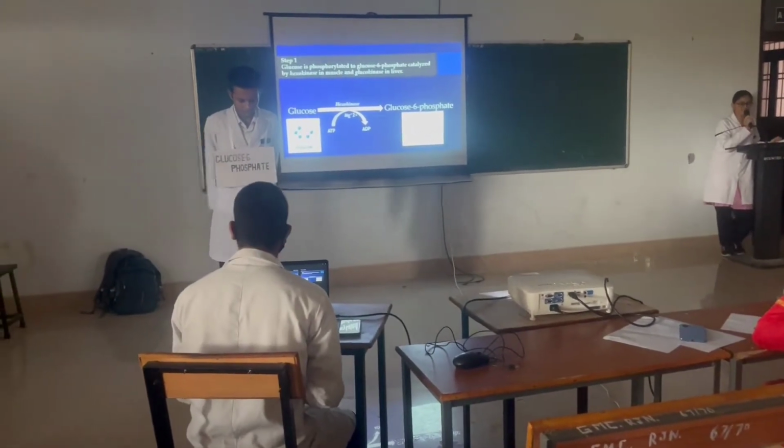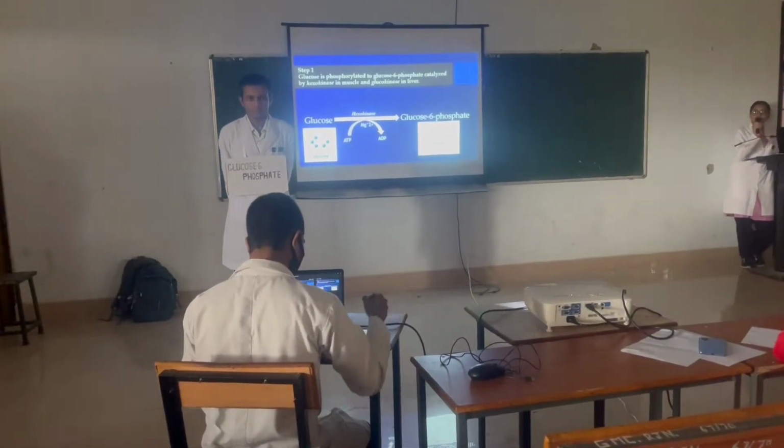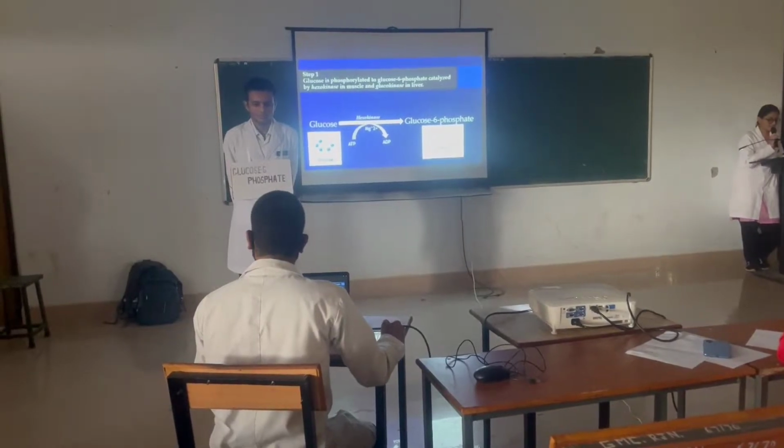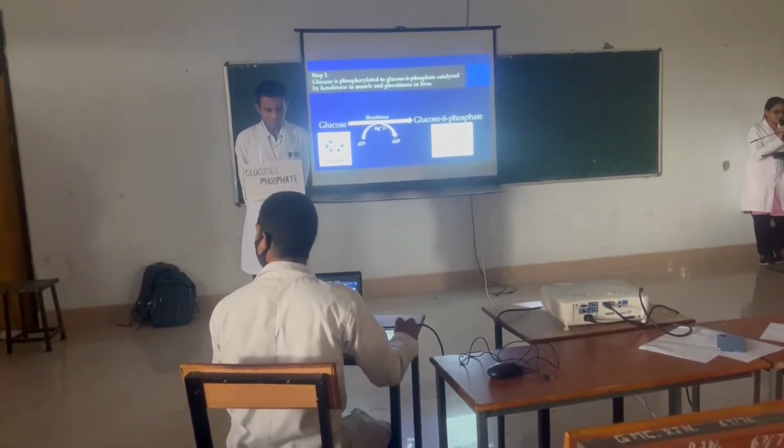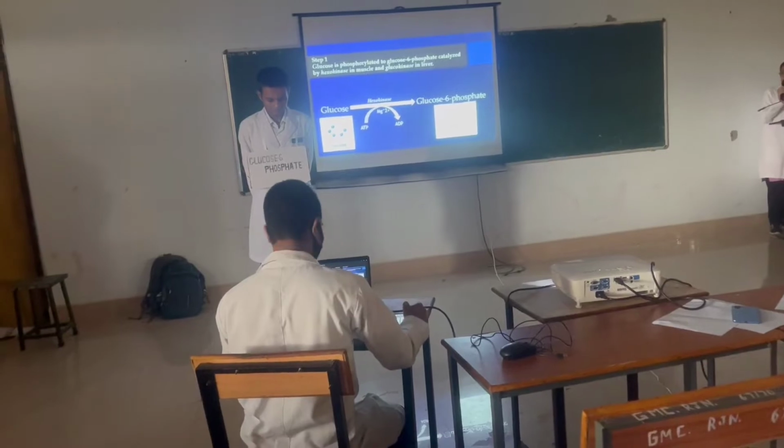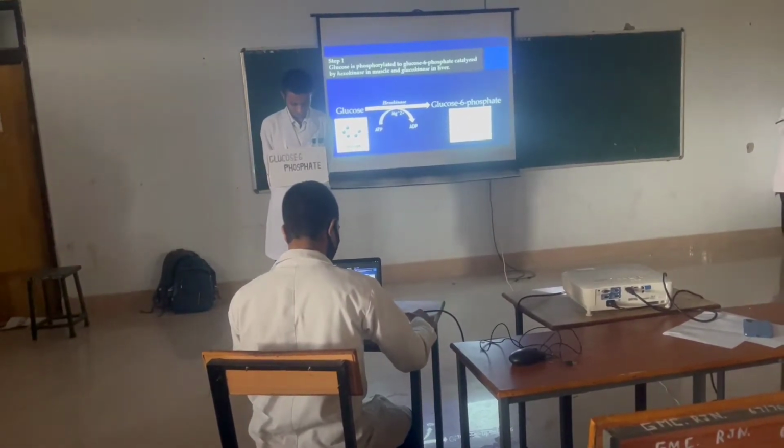Glucose has been phosphorylated to glucose 6-phosphate by utilization of one molecule of ATP. Further, glucose 6-phosphate is transformed into glucose 1-phosphate by the enzyme mutase.